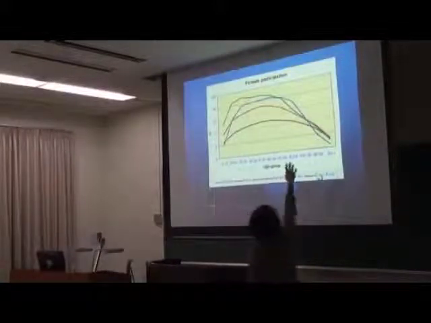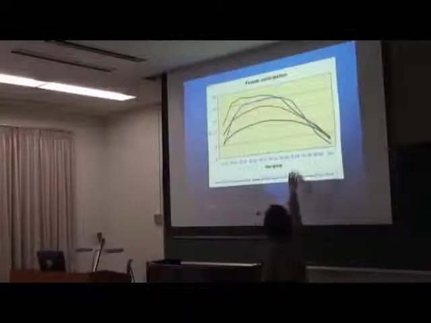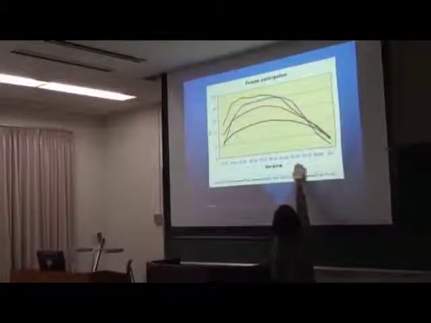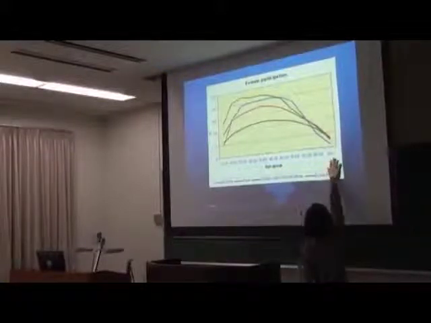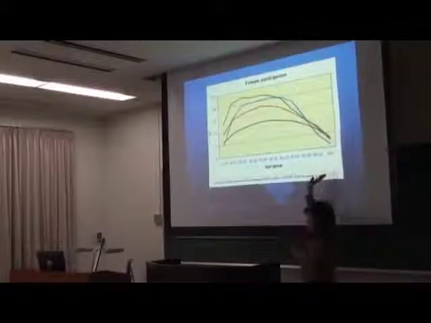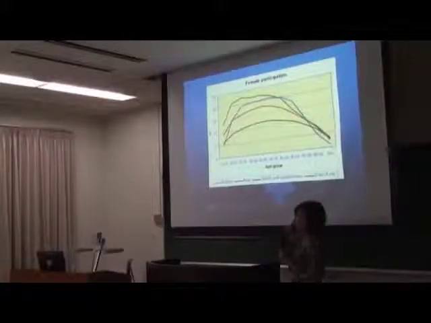But then when the people grow old, it drops from the age of 50 and more and more. So when they retire, it becomes very low. Many of them don't work.